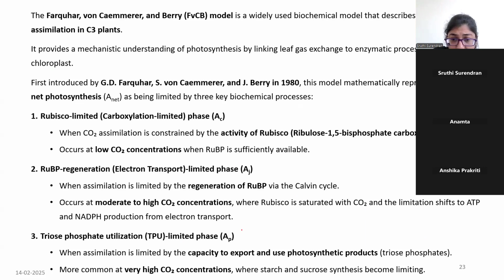So when assimilation is limited by the capacity to export and use triose phosphate, then this phase is going to govern how the photosynthetic rate is affected. So the Farquhar, von Caemmerer and Berry model is using all these phases to estimate some parameters that will help us in obtaining the net photosynthetic rate.